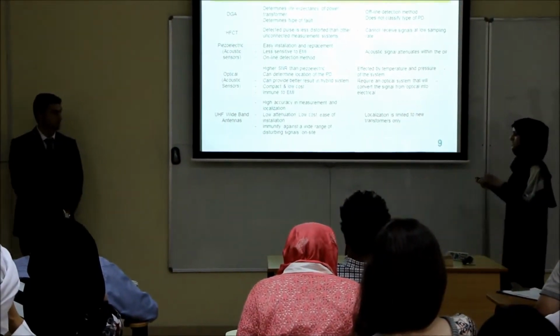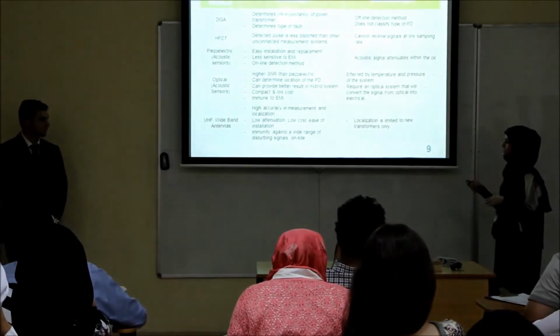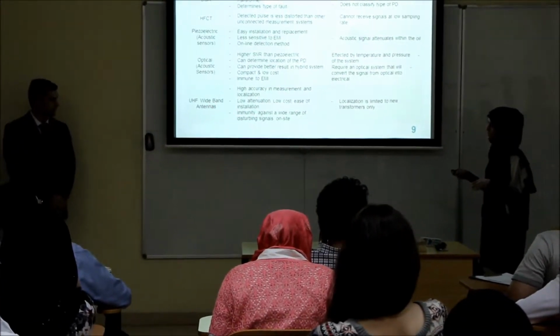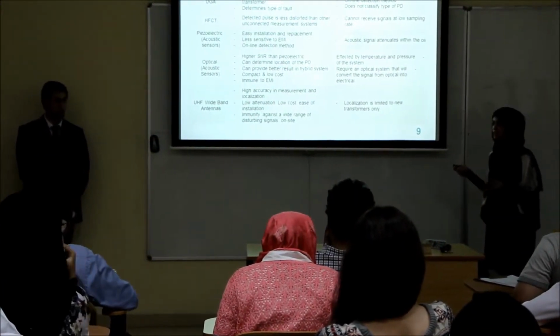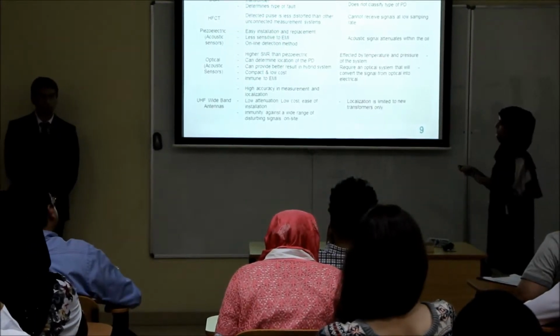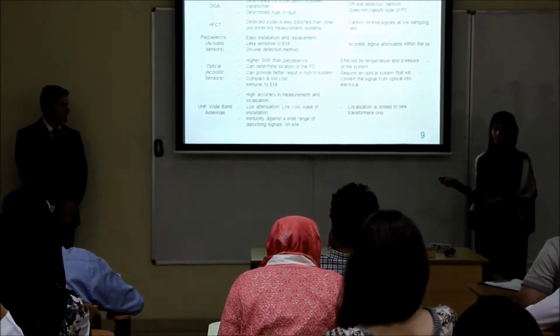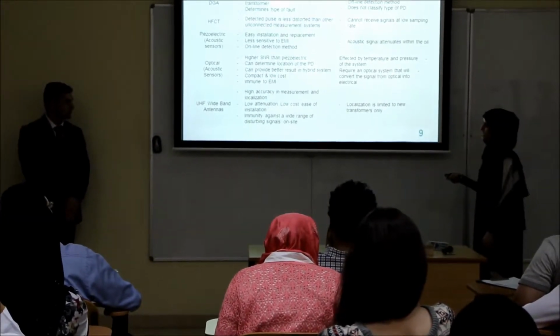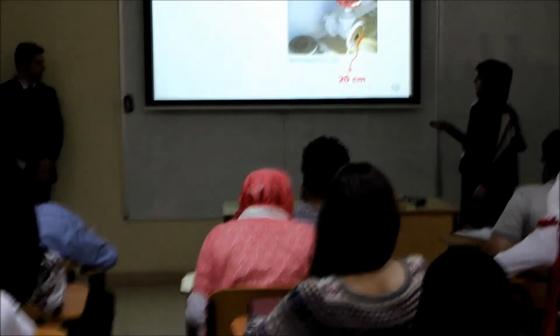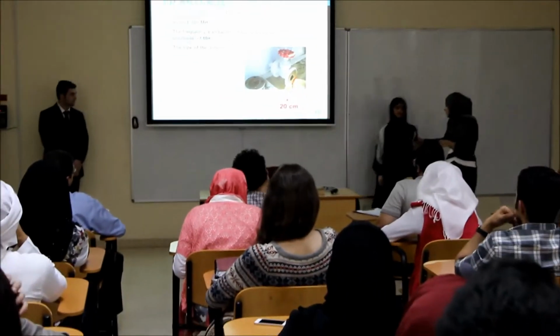Although the localization is limited to only new transformers, we decided on this type of detection because the other detection methods are exhausted through research. And we believe that the UHF wideband antennas are worth investigating and developing for our project. And now my colleague Shahd will continue with the design criteria for the antenna.